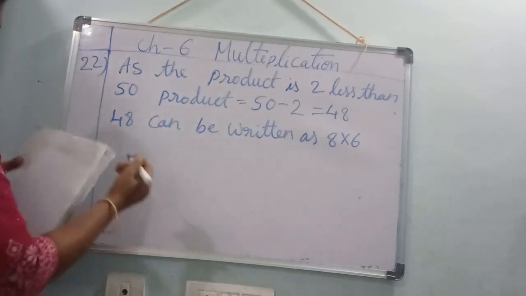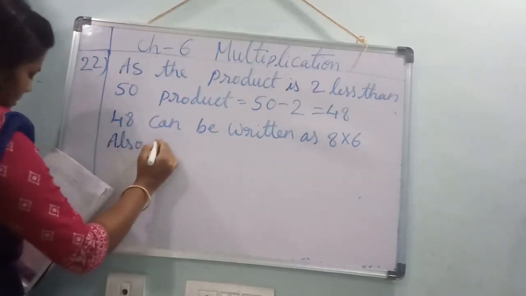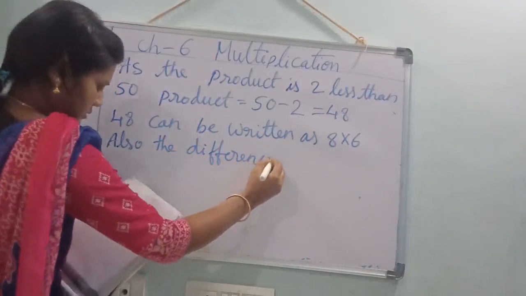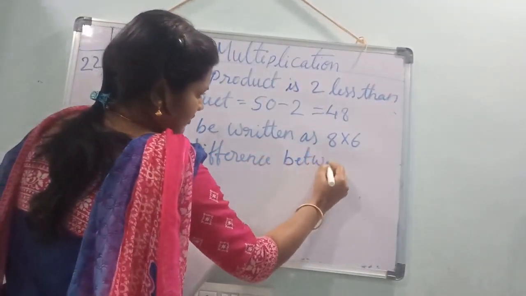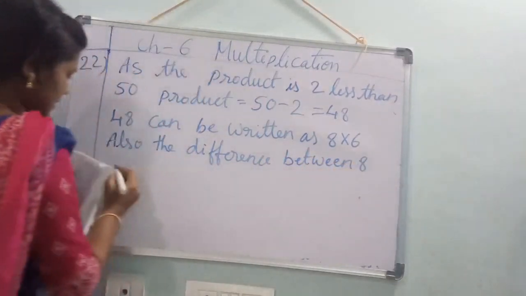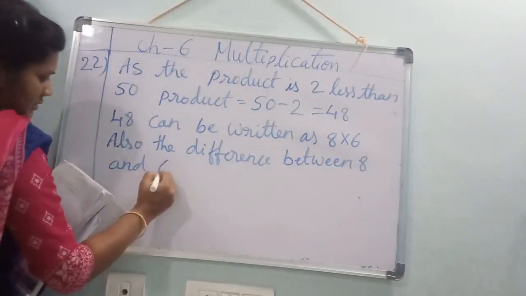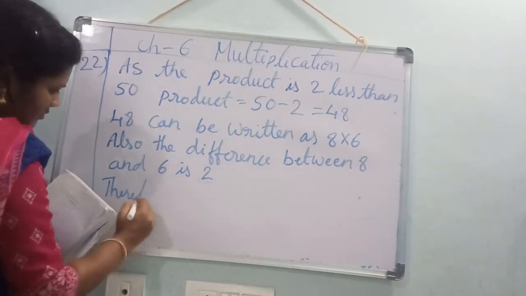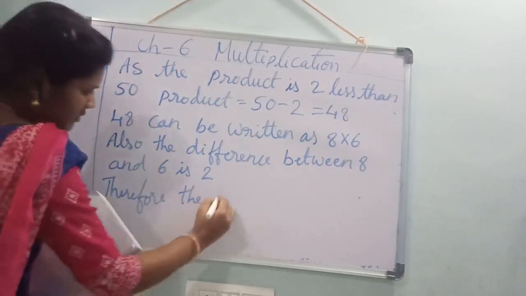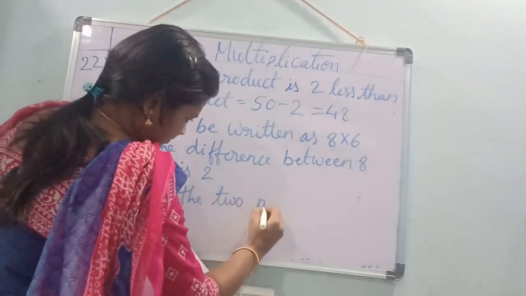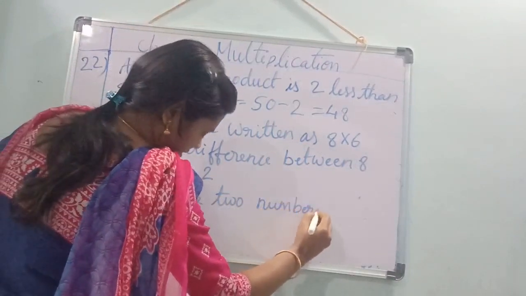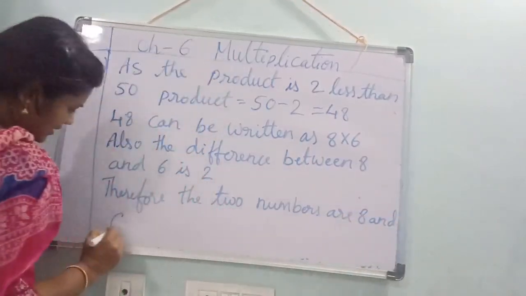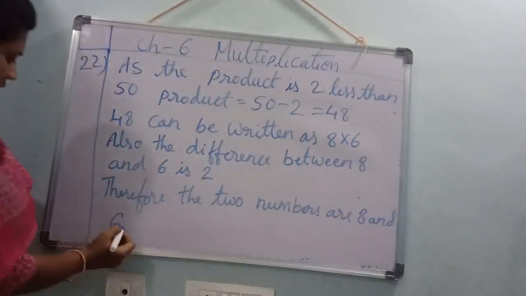Also, the difference between 8 and 6 is 2. Therefore, the two numbers are 8 and 6. Understood, children? Write.